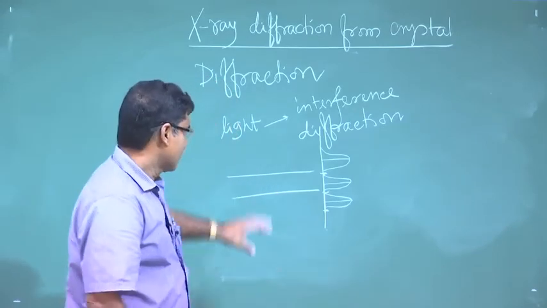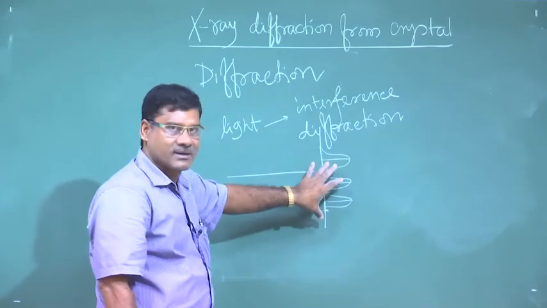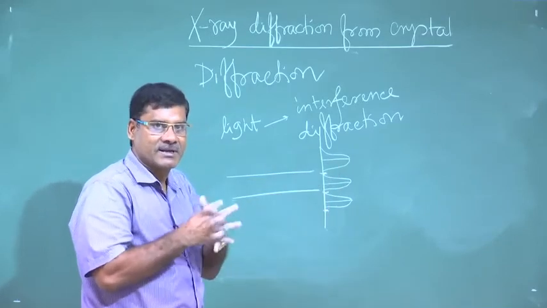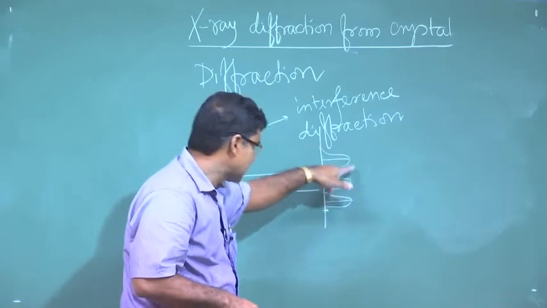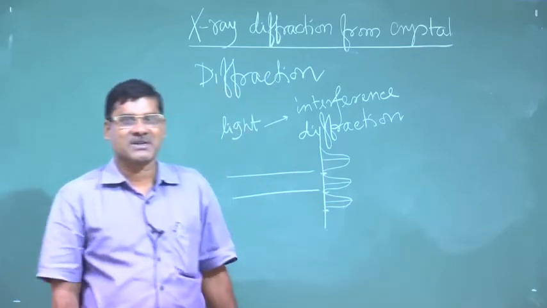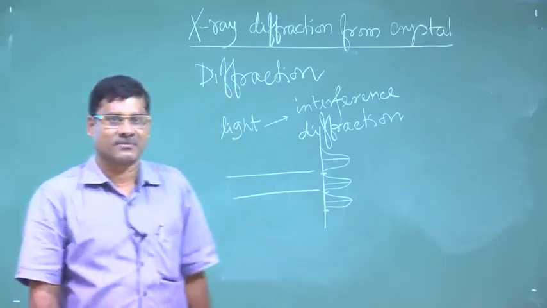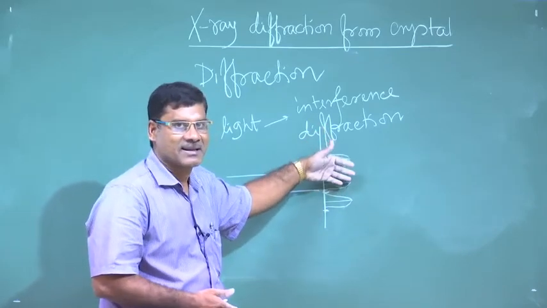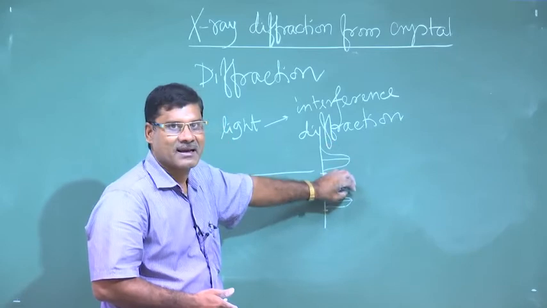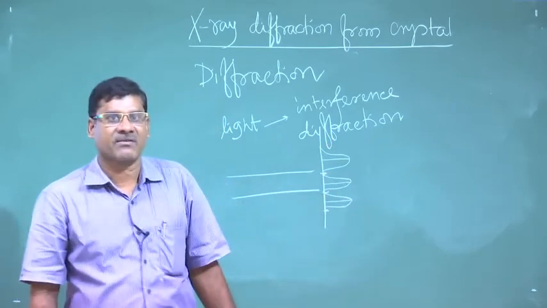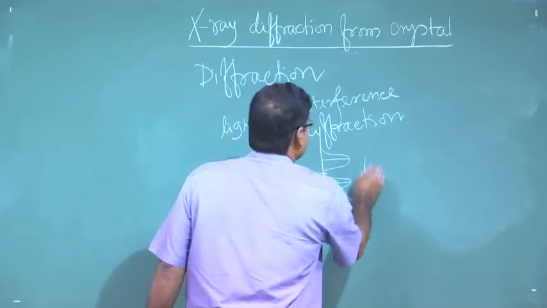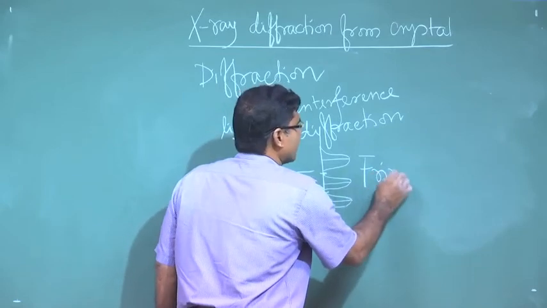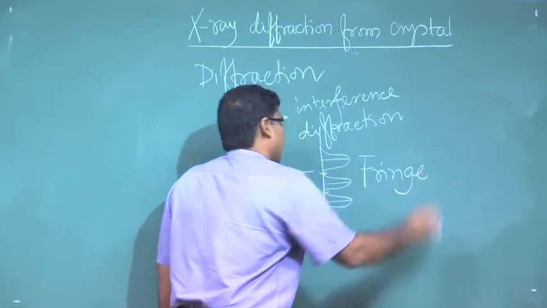Okay. So, they will overlap, meaning they will interfere, and you will see a nice intensity distribution of the light. You will see bright, dark, bright, dark. These are basically called fringes, interference fringes.